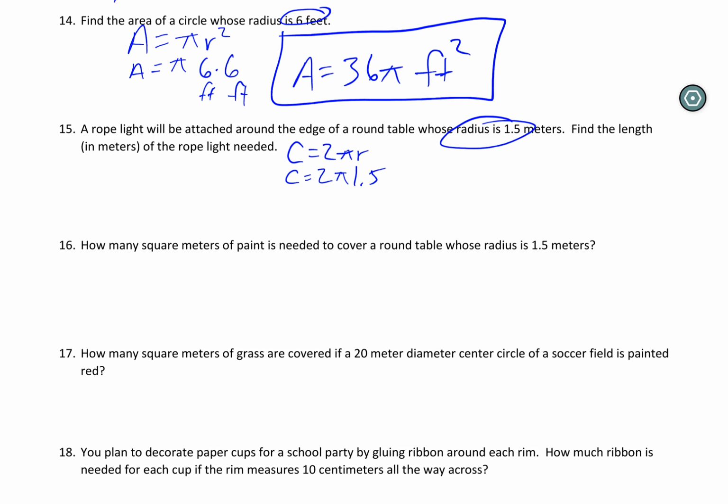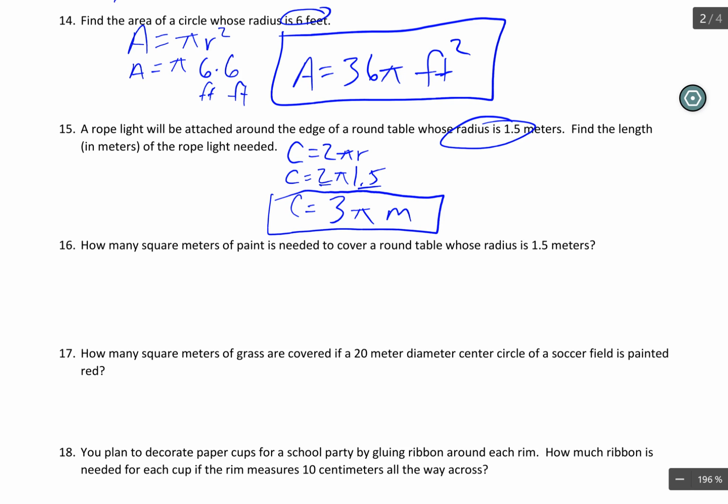And since multiplication is commutative, I can do it in any order. And so I have 2 times 1.5, that's going to give me circumference equals 3 pi, and then I have my units, which are meters. So circumference equals 3 pi meters.